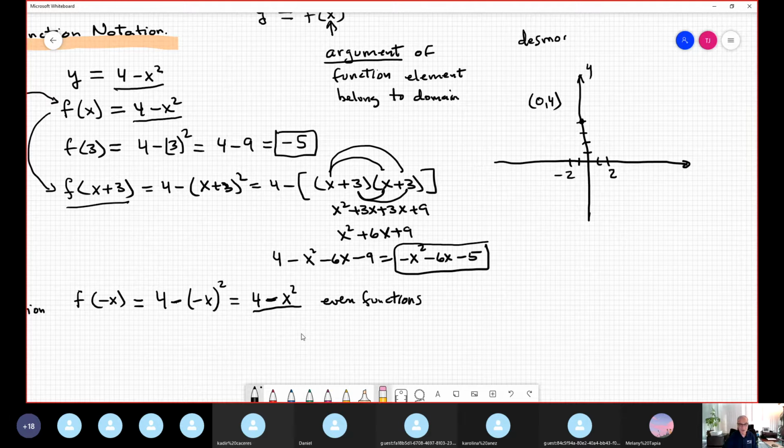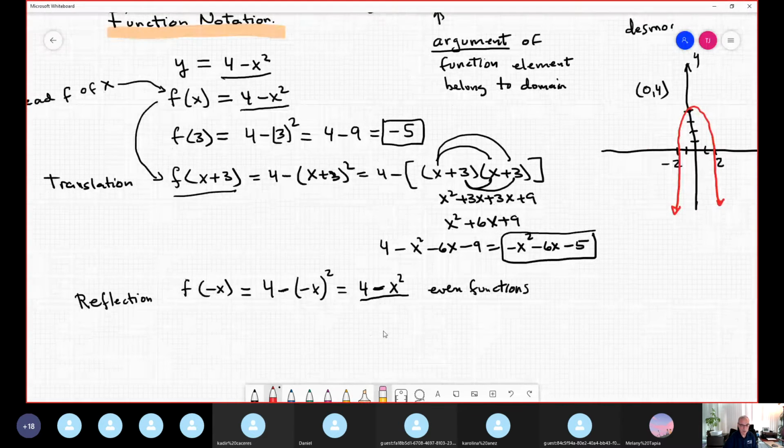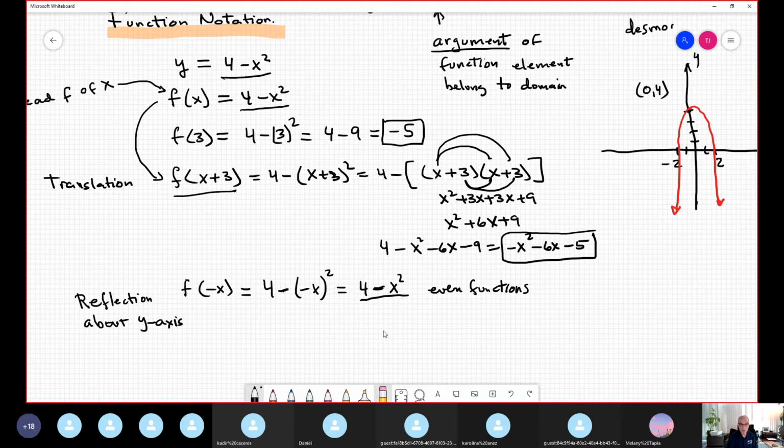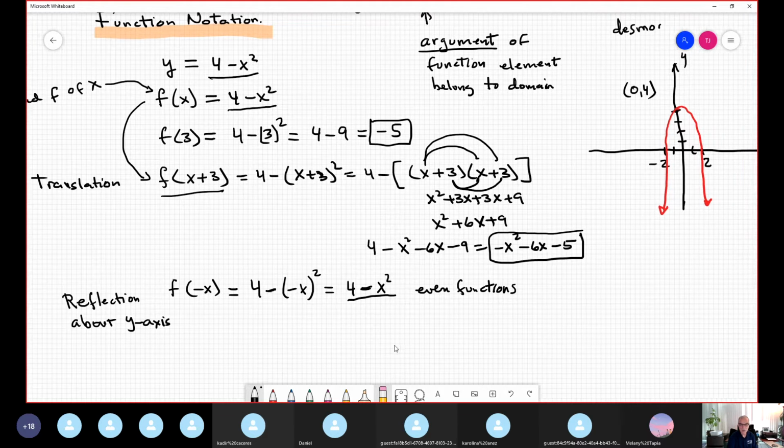So my graph is a parabola also, but opening up and down, like that. Entonces, si you make a reflection, this reflection is about the y-axis. When you replace x for negative x, the thing that we are doing is reflection.